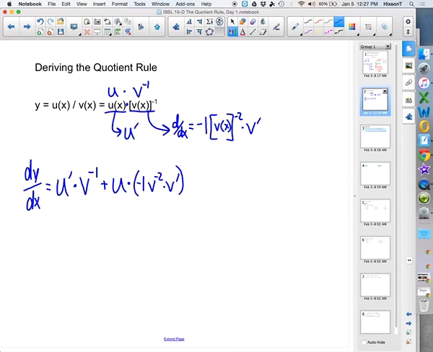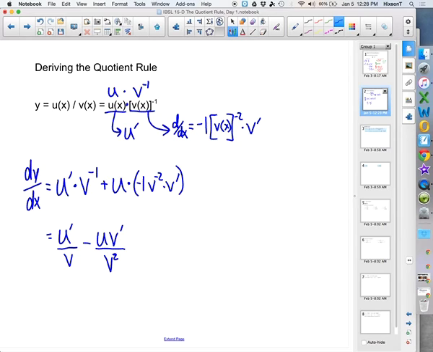Now, having this as a quotient, I'm always going to have this negative 1 here, which is going to make this, instead of addition, subtraction. So we have u prime, and I'm going to write this as over v, you'll see why in a minute, minus, there's my negative 1, u v prime over v to the negative 2, or I'm sorry, v squared.